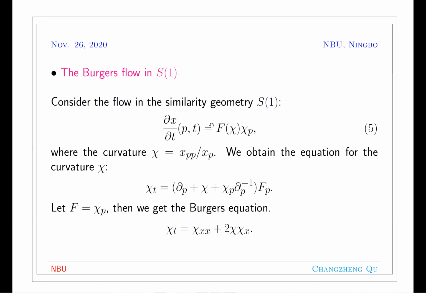If the curve is governed by the flow, we can obtain the equation for the curvature given by this one. If F is the first order derivative of the curvature, you get the Burgers equation. So the operator is the recursion operator of the Burgers equation in the similarity case. The Burgers equation is the basic equation in the similarity geometries.